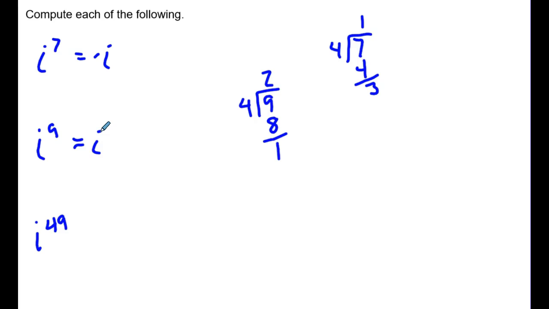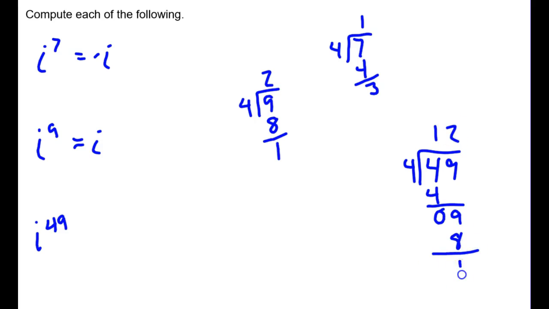Now in the last one, we have i to the 49th. So taking 49, dividing that by 4. 4 goes into 4 one time. Bring that down, 0. Now 4 goes into 9 twice. 2 times 4 is 8. Left with a remainder of 1 again. So i to the 49th is equal to i as well.